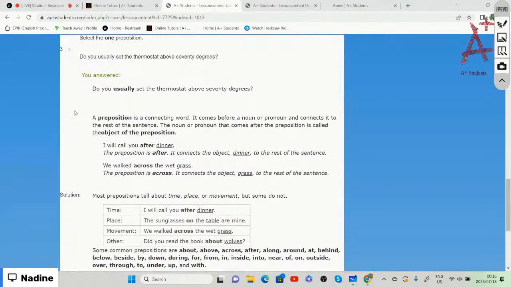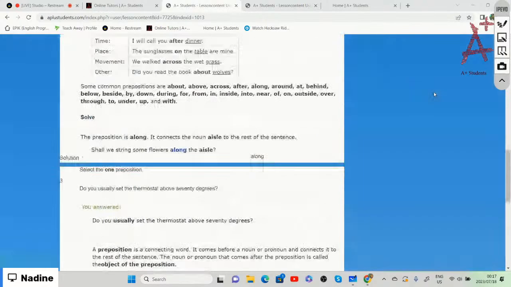Because it says, do you usually set the thermostat above 70 degrees, we are specifically talking about the degrees, which means that degrees is our object. So above, which is the preposition, connects the object degrees to the rest of the sentence.